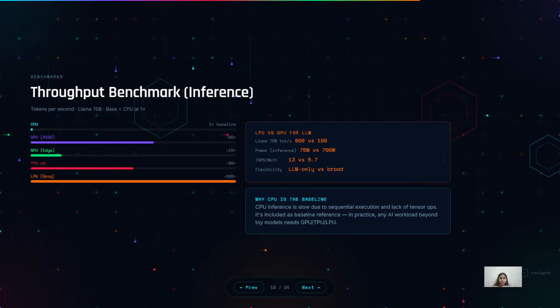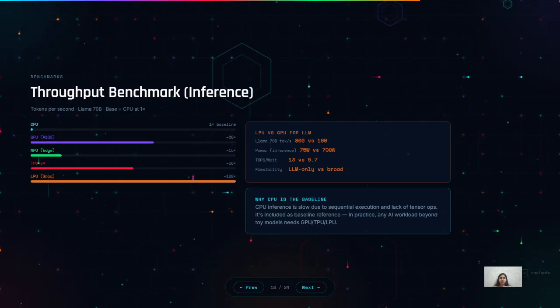TPUs optimize tensor efficiency for cloud-scale AI. NPUs focus on efficient edge inference, and LPUs currently provide the best latency for real-time language generation. We have some comparative analysis of their throughput benchmarks.